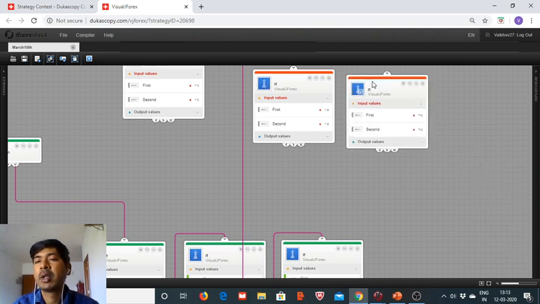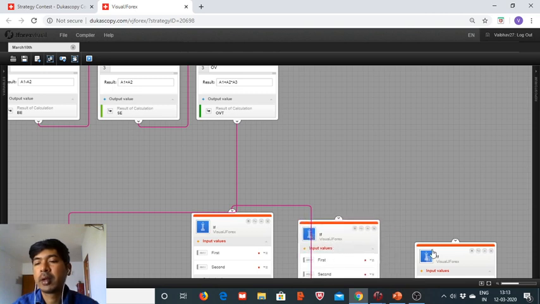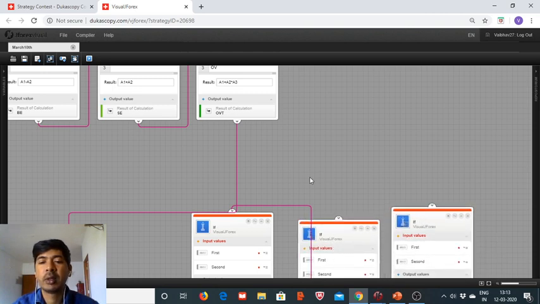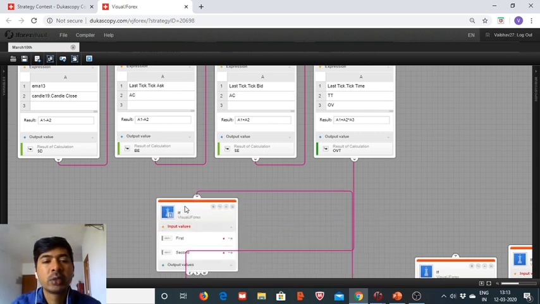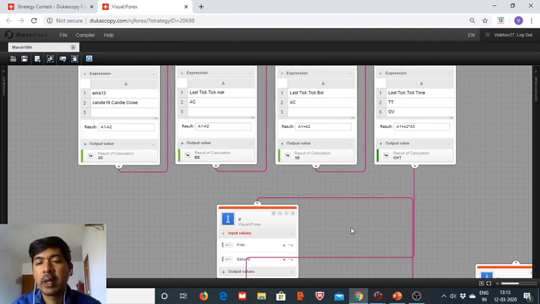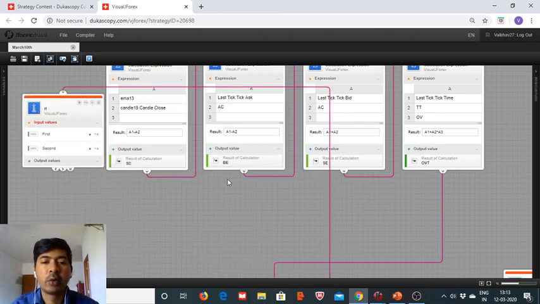and now we will want to make sure that the candle close is in the desired pattern. That is, the candle 2 hours back should have closed in green, and then candle 1 hour back, that is last candle, should have closed in red.